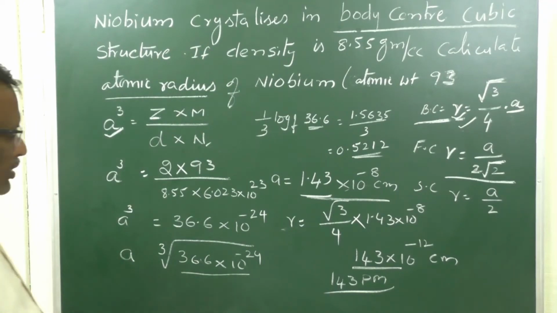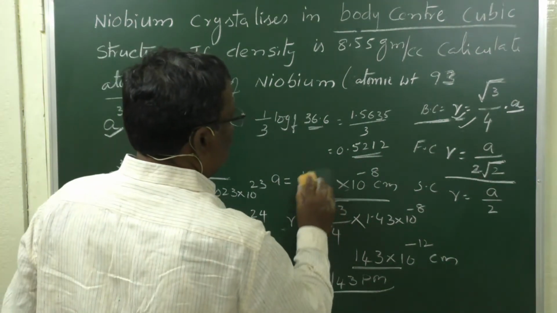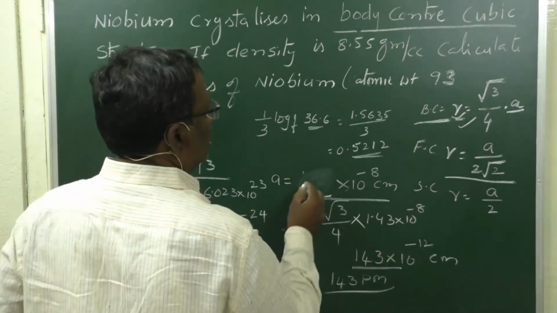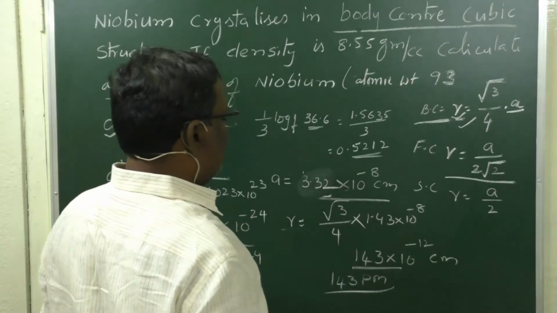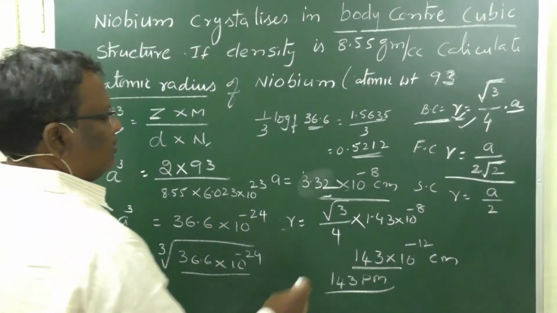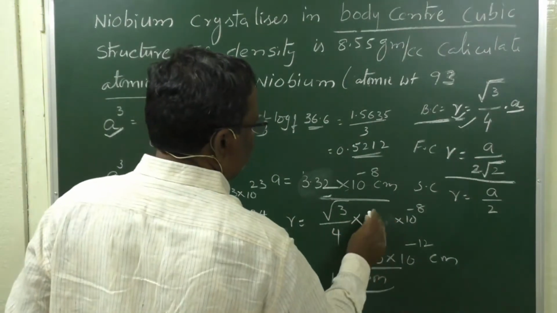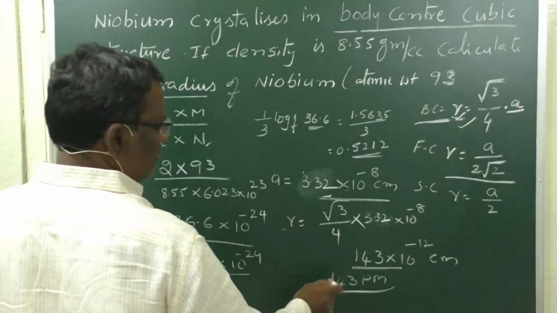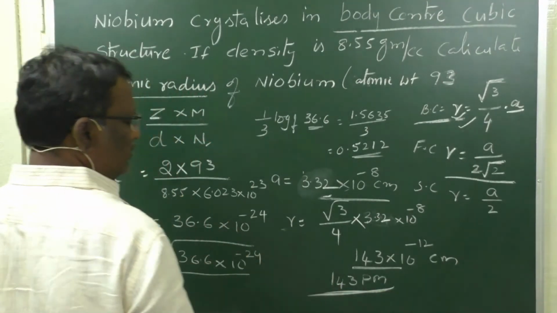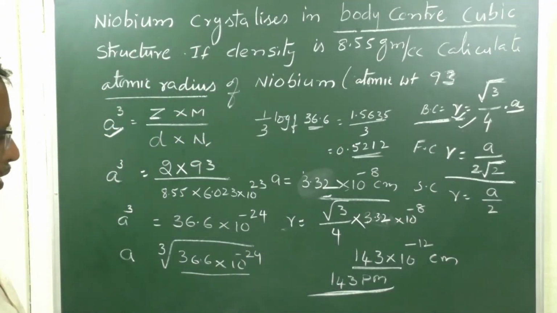Sorry, A is equal to 3.32 × 10^-8. On simplification you will get this value, 143 picometers.